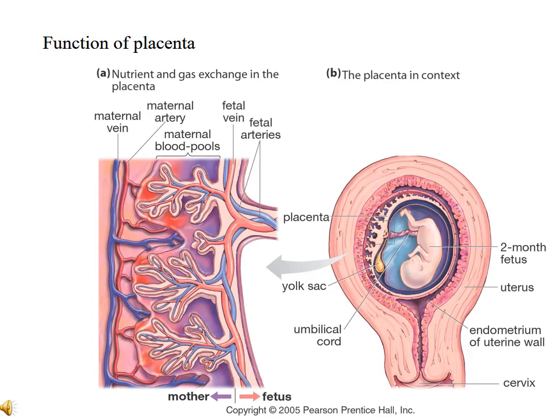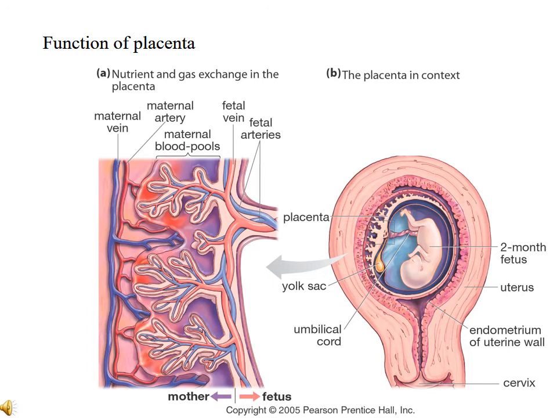Now, the placenta is a very complex organ. The placenta is a meshwork of vessels that are designed to nurture the fetus. The placenta's blood does not mix with the fetal blood.